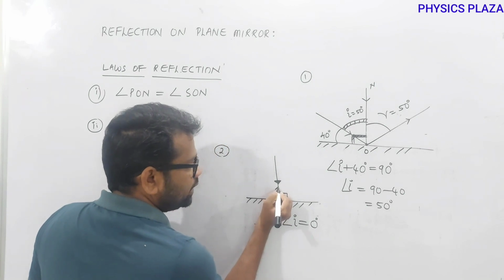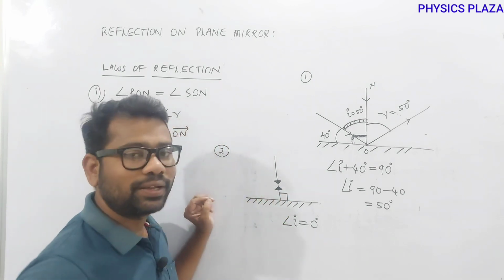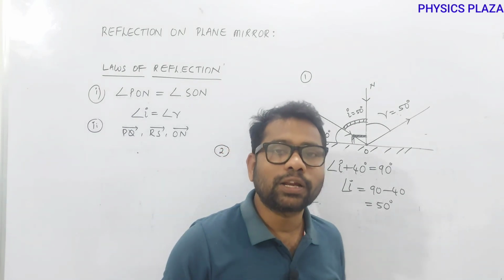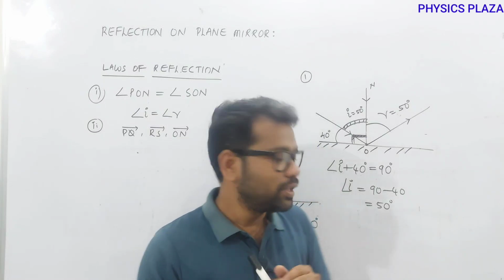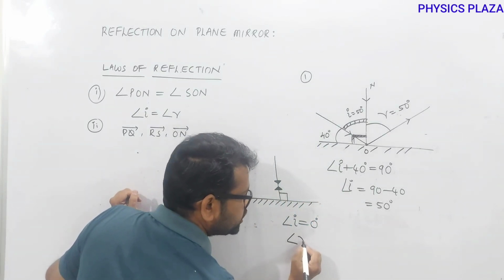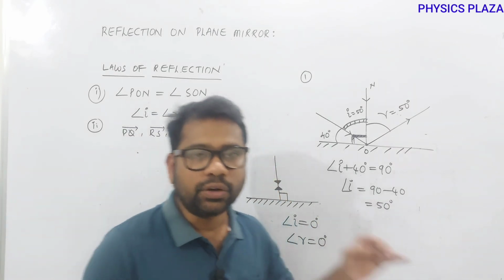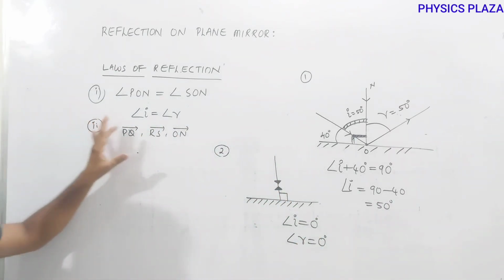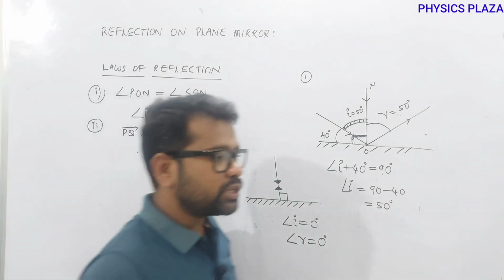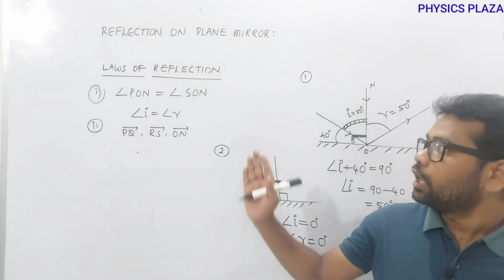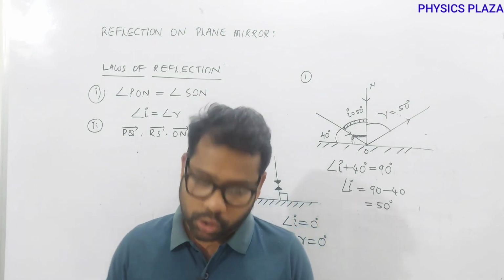The light ray will go like this only. The reflected light ray also travels along the normal. So angle of reflection is also 0 degrees. So these are the two important questions which can be asked based on the laws of reflection.